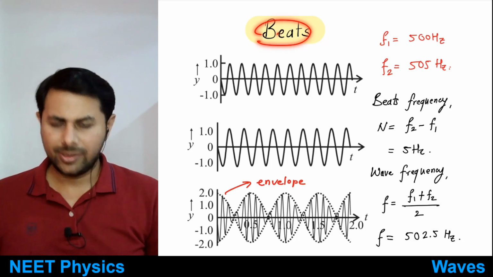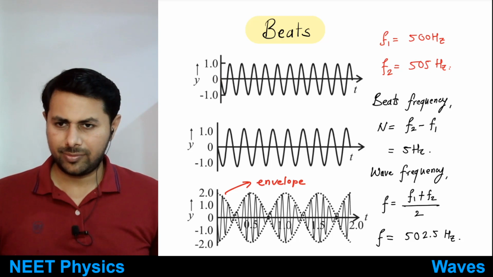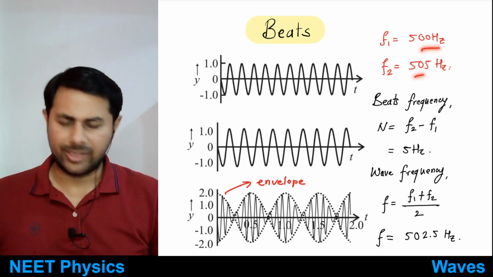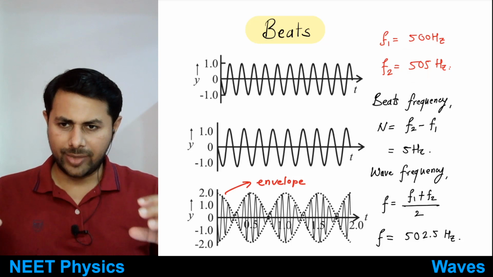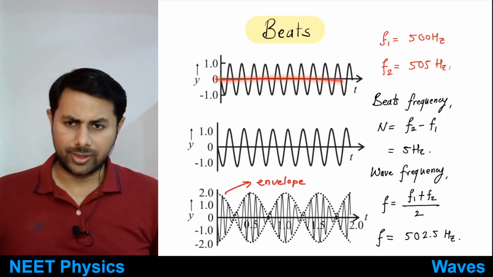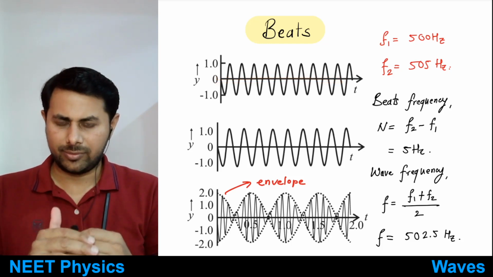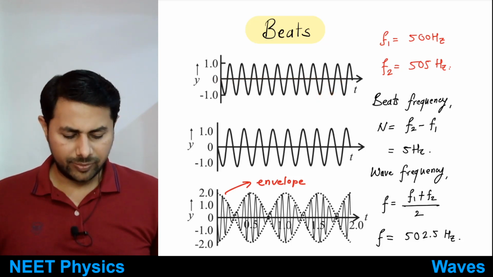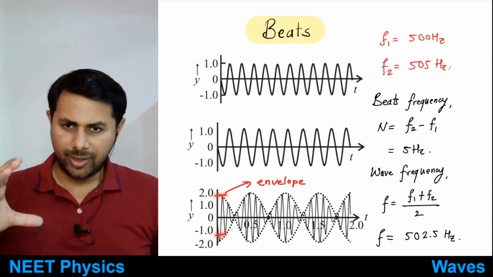How is it produced? If you have two sound waves having nearly the same amplitude and slightly different frequencies, so this thing is important, they have slightly different frequencies. Then if you play them together, or you have any two waves, even transverse waves, and they come at one point of the medium simultaneously, then the resultant wave would have alternate maxima and minima.